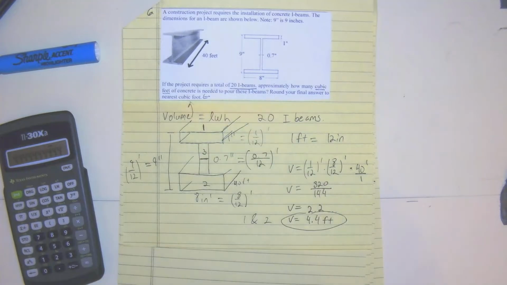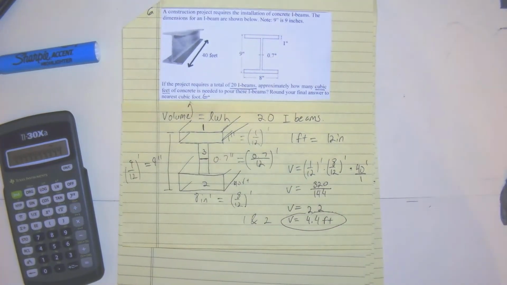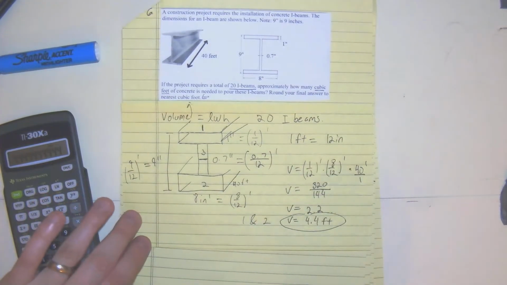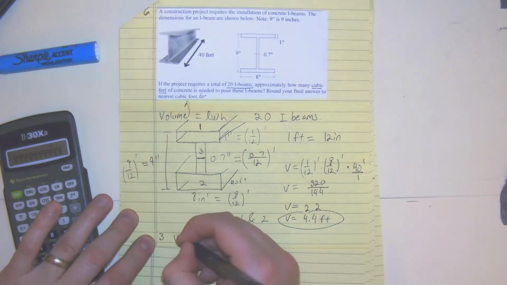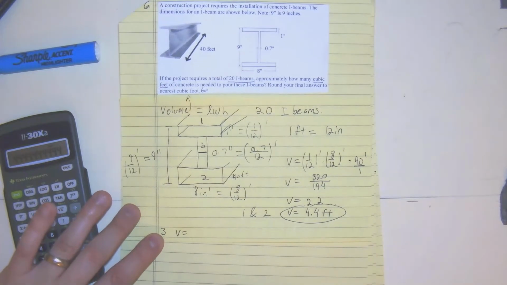But we need the middle. Here the middle is going to have 0.7. So let's start the middle. This is for number 3, the middle beam. Volume here will be equal to the following.